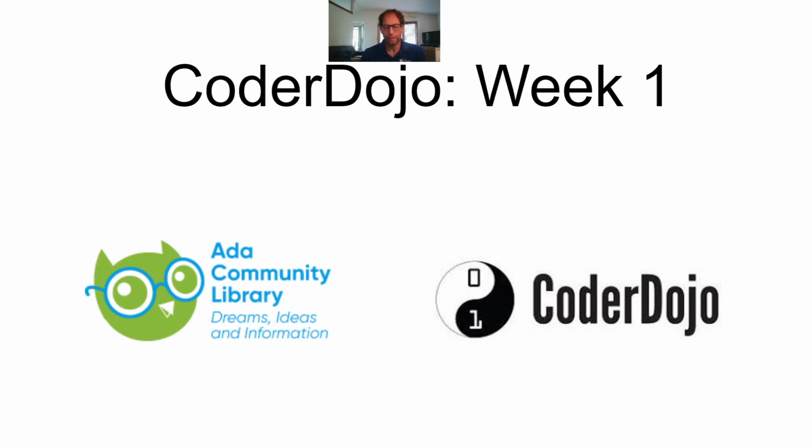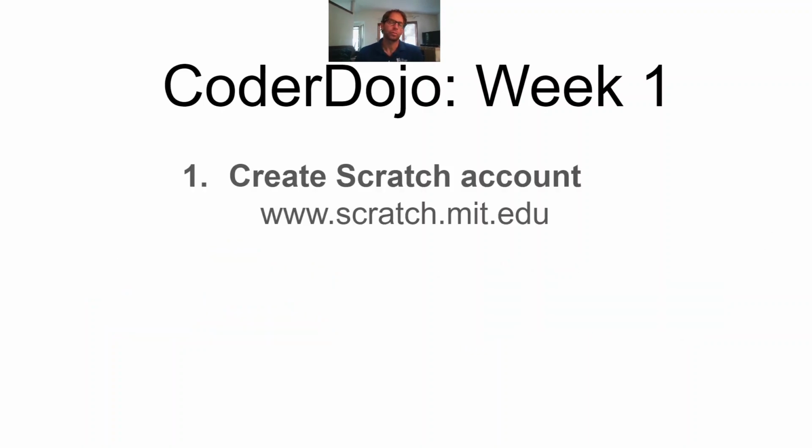I'm going to go ahead and have you download a little bit of software that we're going to need to do our projects. So let's go ahead and have you on your computer go to this website to download a program called Scratch.